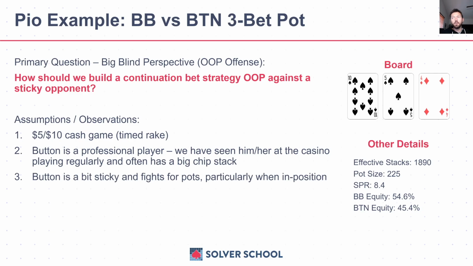The button is a bit sticky and does fight for pots, particularly when in position, which is a good quality of professionals, and something we often see: a professional in position is going to fight a lot for pots and will be a little bit sticky at times. So this is going to impact the way in which we want to construct that continuation bet strategy as the out-of-position player in the big blind.